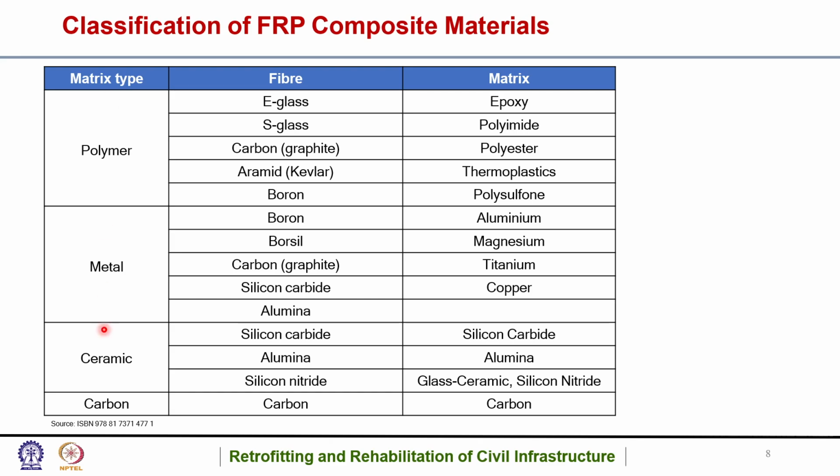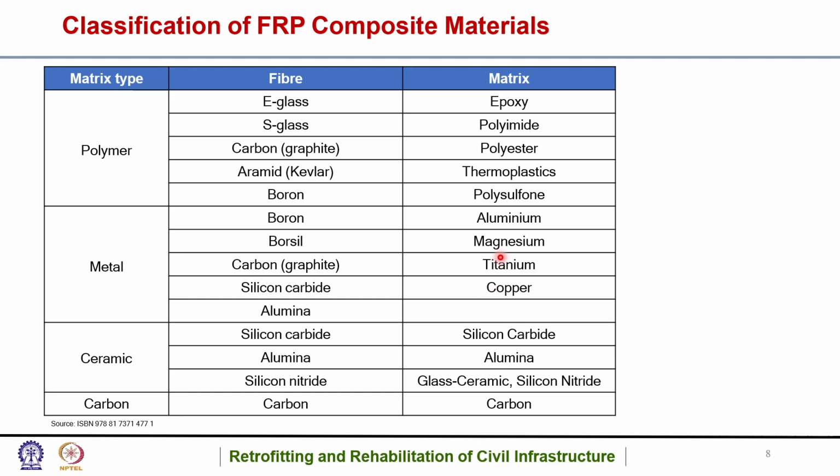Now let us go through the various matrices and fibers involved. This is a chart. For polymer matrices, it can be epoxy, polyimide, polyester, thermoplastics, and polysulfone. The fibers can be E-glass, S-glass, carbon graphite, aramid, Kevlar, and boron.